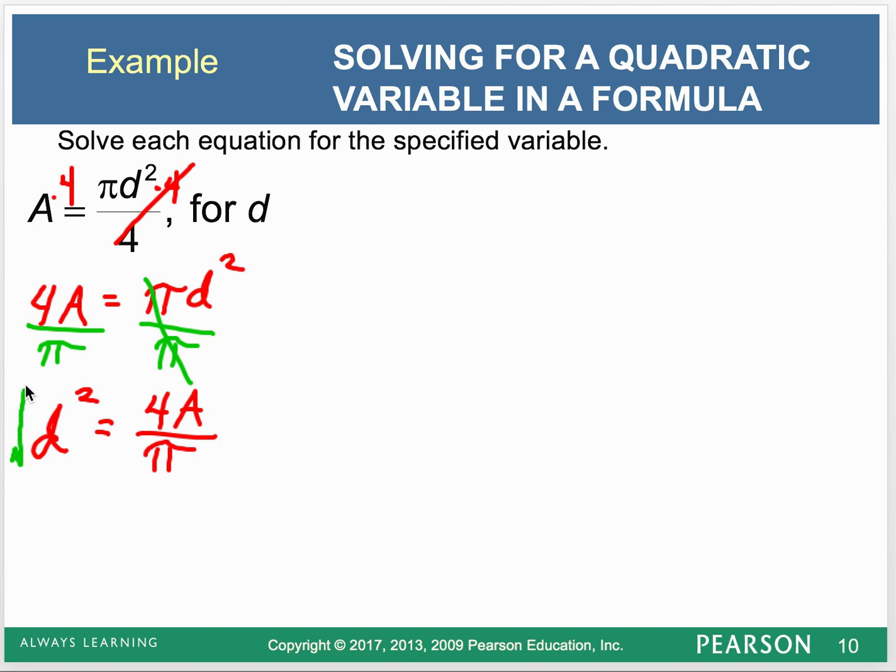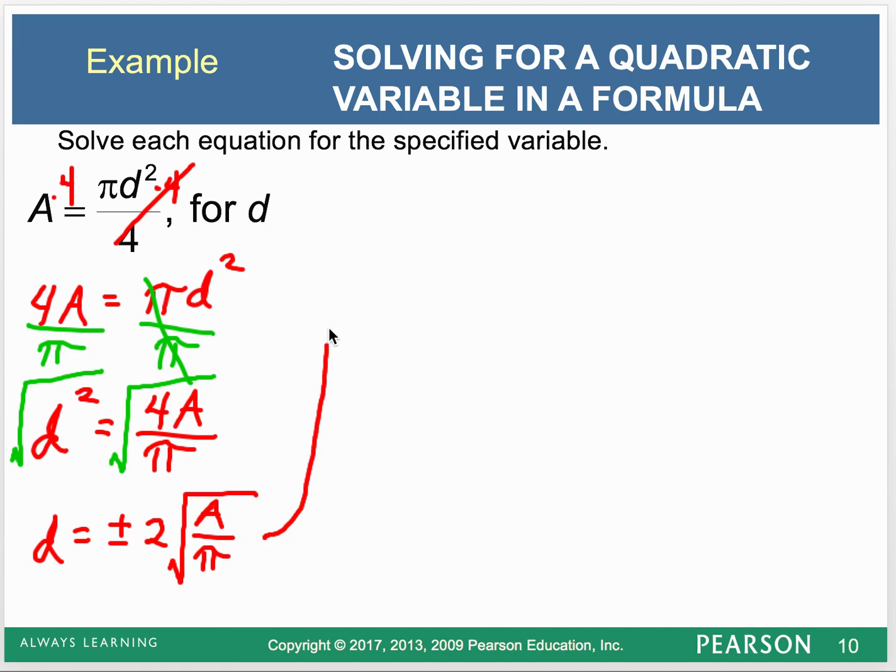Just remember, you have to have that plus or minus anytime you put a square root when you're solving an equation. And I can do that square root of 4, so I'm going to bring it out here. Also remember from your radicals from your previous courses, you cannot leave a fraction under a radical.